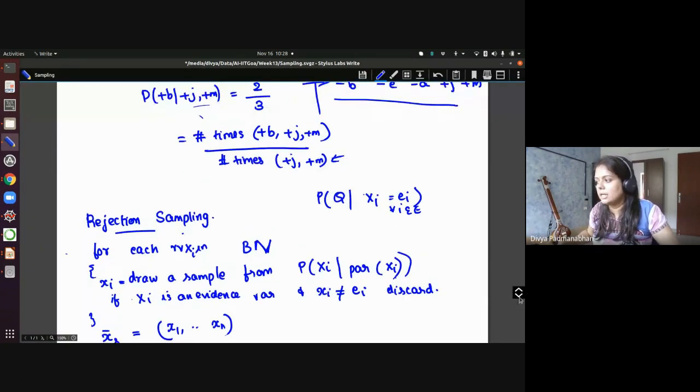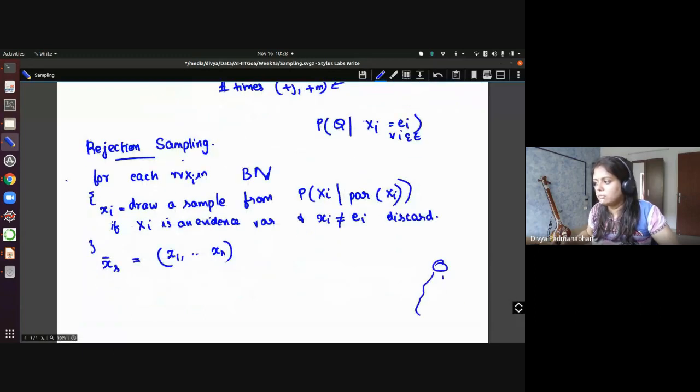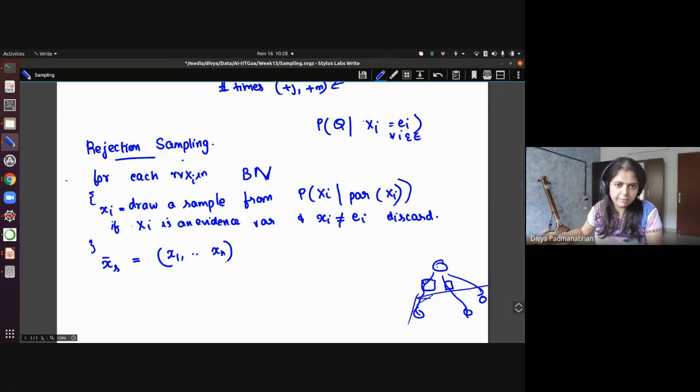You have a large network like this with a lot of nodes, and maybe somewhere here there is some evidence. You start off, you reach this point, and then you see a sample which is not matching with what you want to see. Then there's a benefit because you don't have to go over the remaining part. You immediately know that your sample is not going to be used, so just discard.